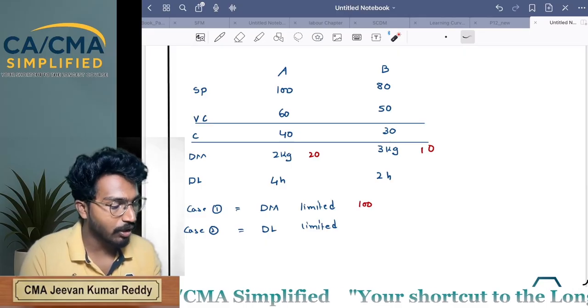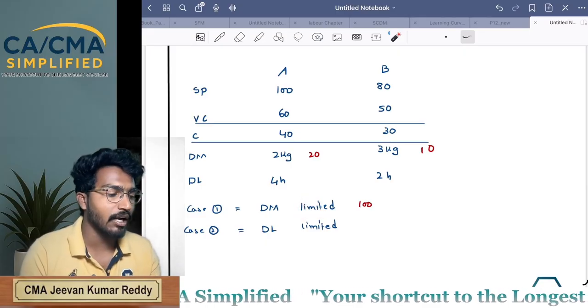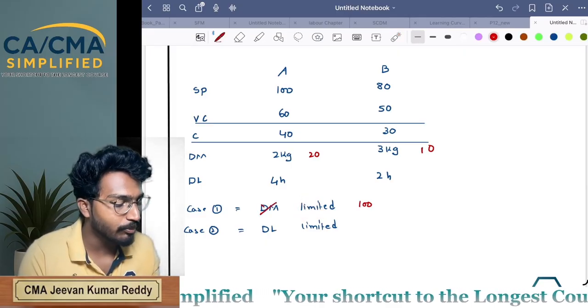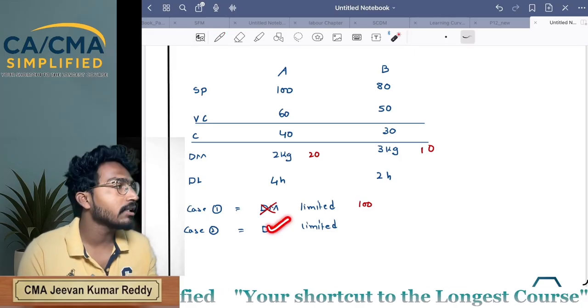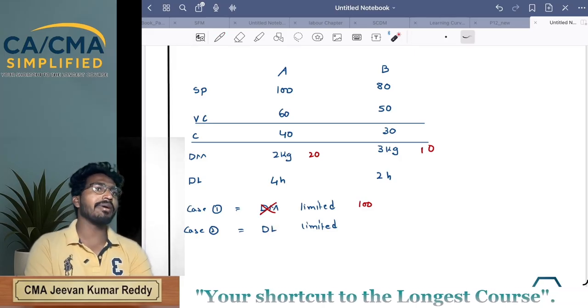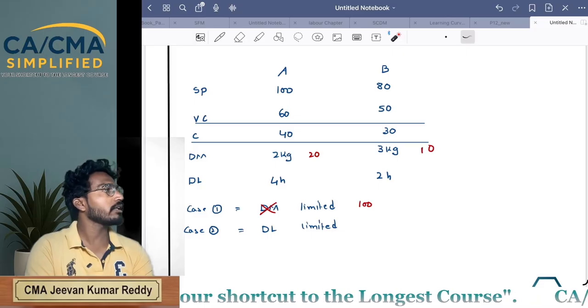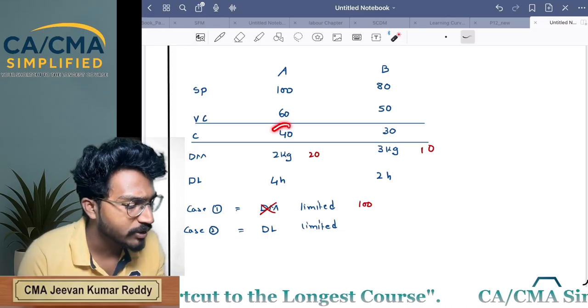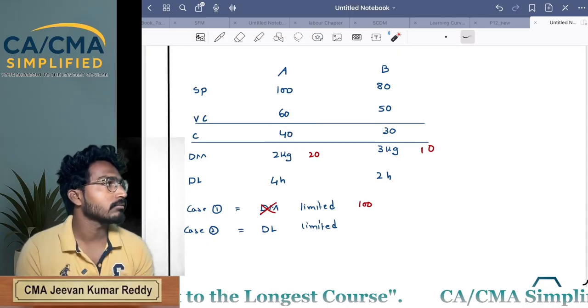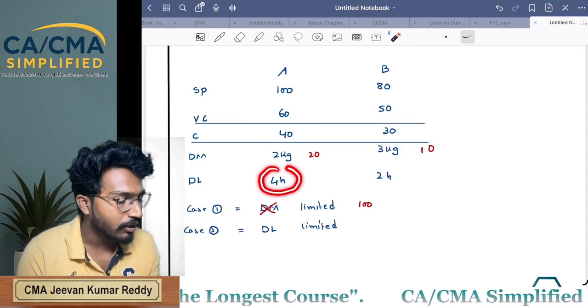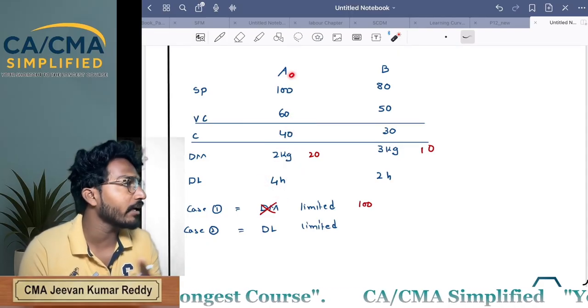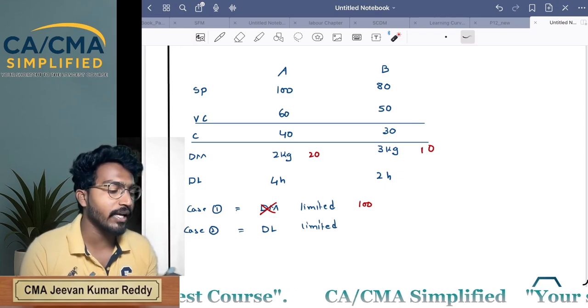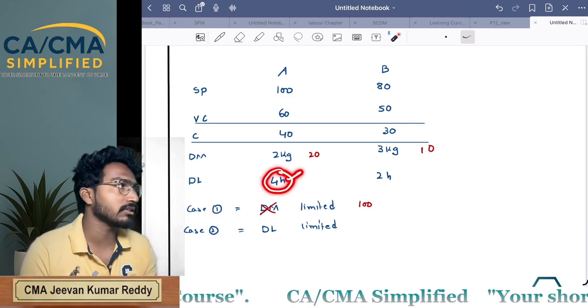Next, now raw material is not limited, but direct labor is limited. Raw material is unlimited and direct labor is limited. Now, what is the contribution? 40. And what are the hours required to produce product A? 1 unit of product A requires 4 hours.